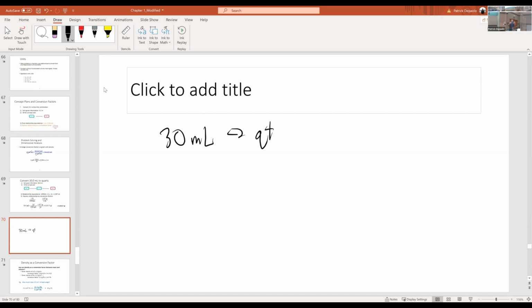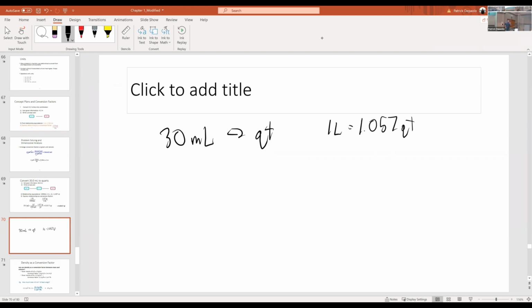I'll talk through how I set up the problem and what my rationale is. The only thing that's going to be given is 1 liter equals 1.057 quarts. That's the only thing that's going to be given.